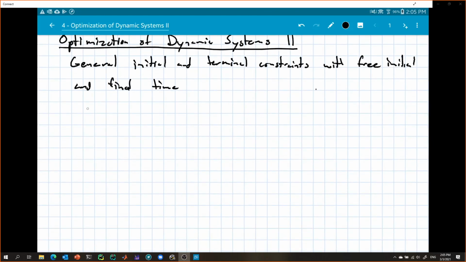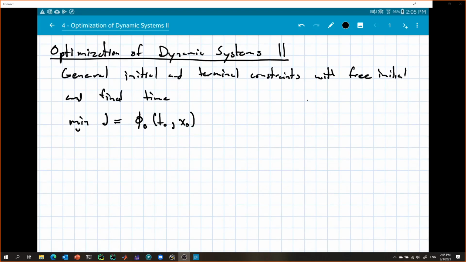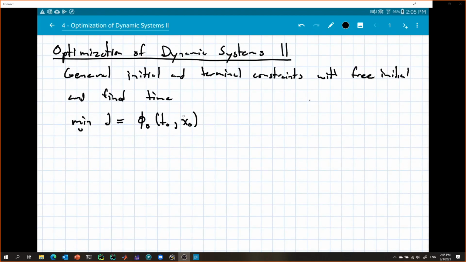So we have some cost functional J, which we minimize with respect to U, and we have an initial cost, phi naught, based on initial time t naught and the initial state x naught. I'm going to drop this later, but these are all going to be vectors.